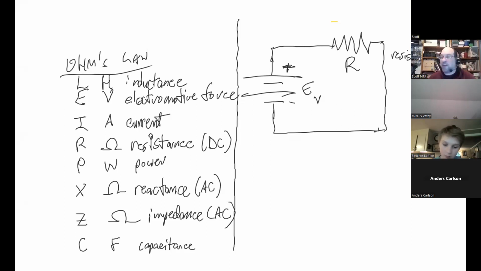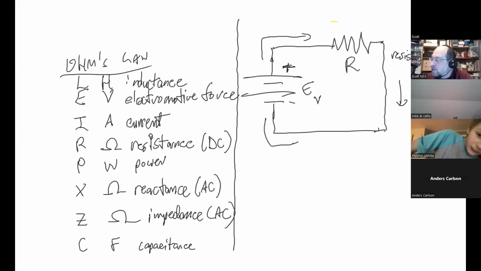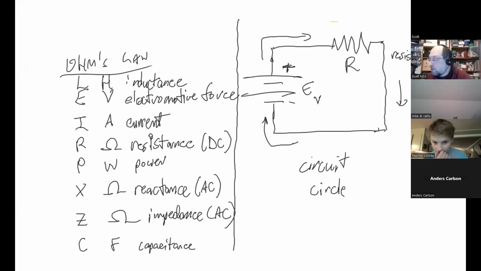By convention, our current flows out of the positive and around the circuit and back into the negative. You may notice the word circuit. We're on a racetrack. That's known as a circuit. It also comes from the word circle because it makes a complete loop.